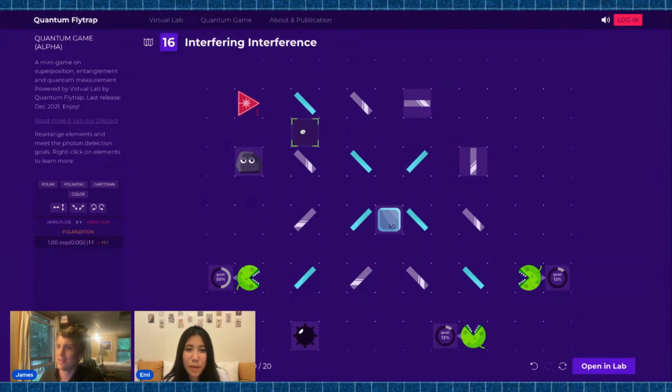I think we might have to place this black box a bit earlier. Oh, that's interesting. But the risk is if you put the black box earlier, you're going to get things going all over the place, won't you? Yes, it's true.